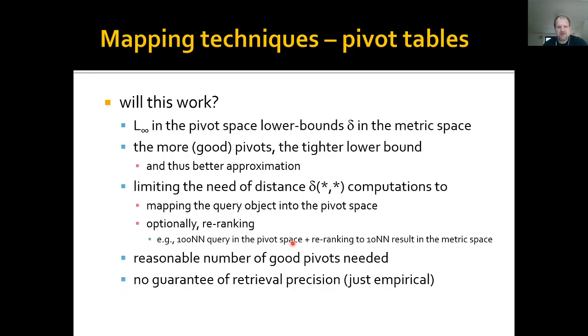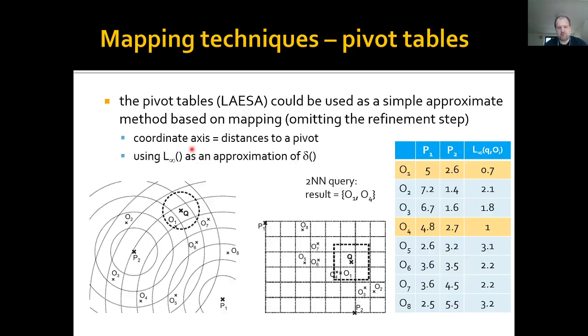Okay, so this very simple technique, will it work or not? Of course it will work to some extent, because the Lmax distance is a lower bound to delta in the metric space, so it is some approximation of delta. So in this sense it's approximate search, and it will be as good an approximation as the more good pivots we have.